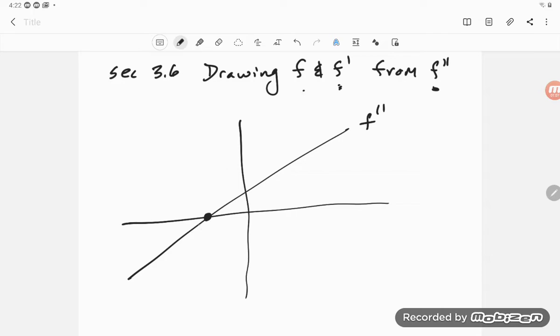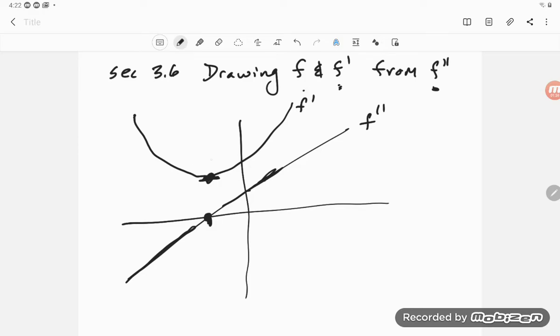And the slopes of f prime were negative to the left of that critical number, and positive to the right of that critical number. And so I could draw it, it was decreasing and then increasing and had a minimum right there. So there's f prime.